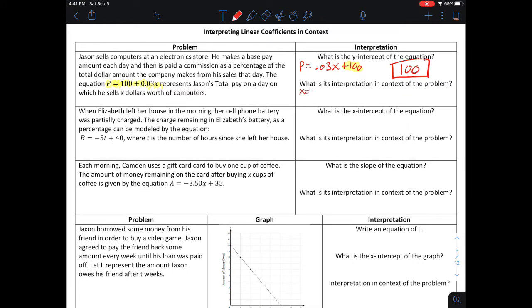Well, the y-intercept is when x is equal to 0, P is equal to 100. Well, x means that he sells x dollars worth of computers. So if he sells nothing, when x is 0, he still makes $100. So in context of this problem, $100 is his base pay.